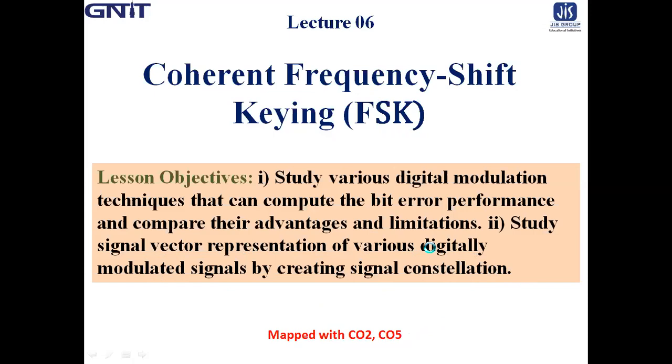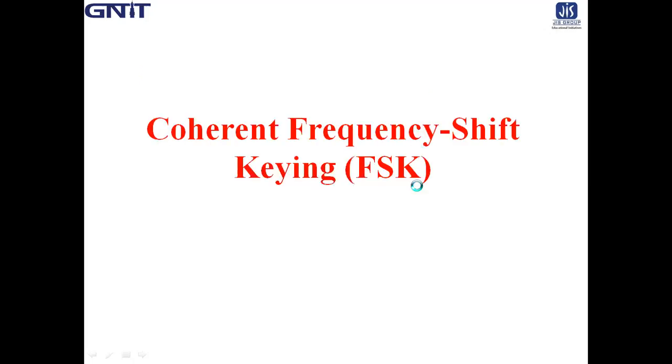So let us start lecture number 6 from the 5th module, that is digital modulation techniques, with the topic of coherent frequency shift keying. This is basically a nonlinear method of passband data transmission.